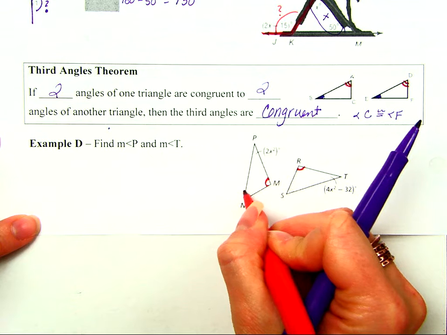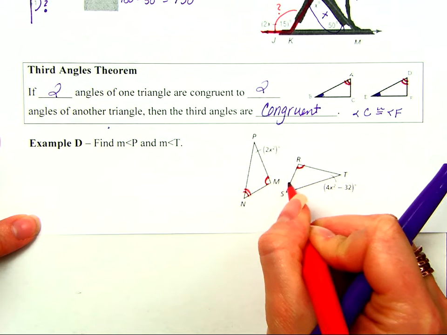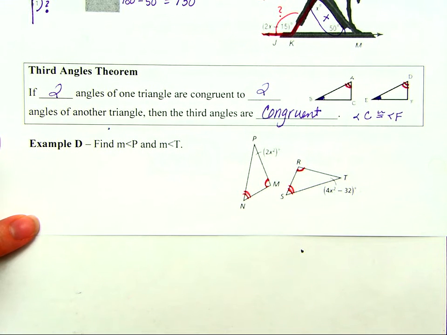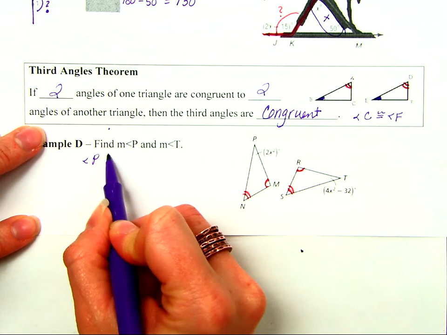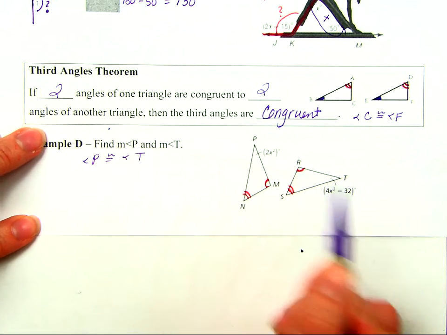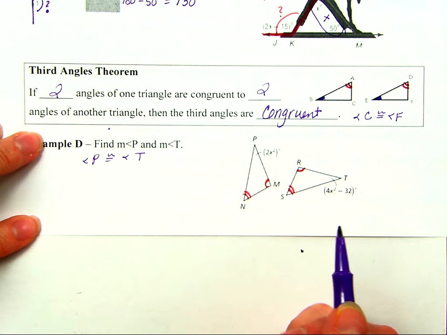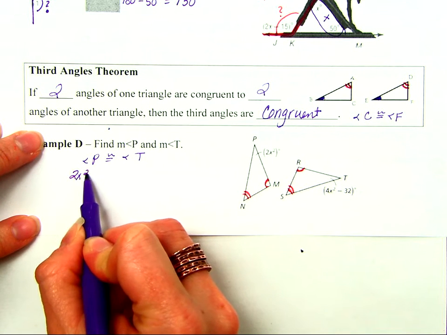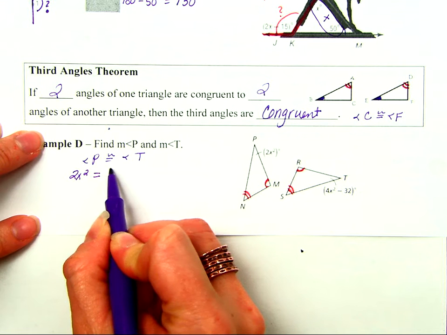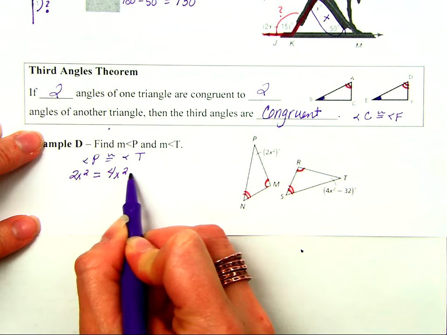Angle N and angle S also congruent. What does that mean? Well, that means that by the third angle theorem, angle P must be congruent to angle T. So, that also must mean, by a substitution, that 2x squared must equal 4x squared minus 32.